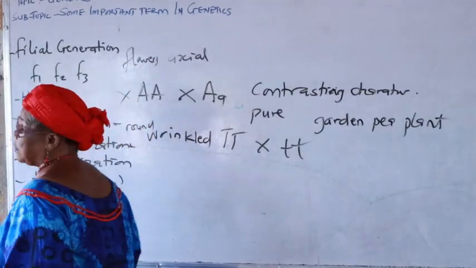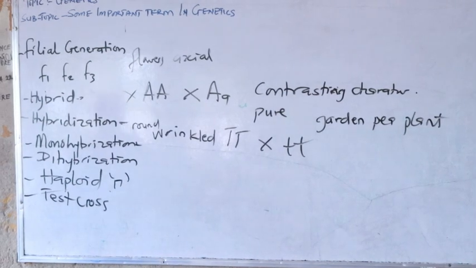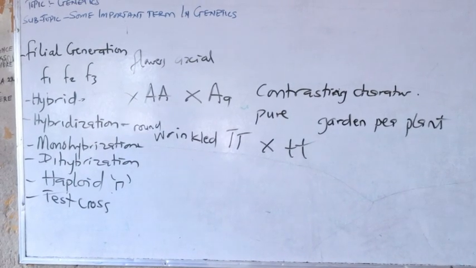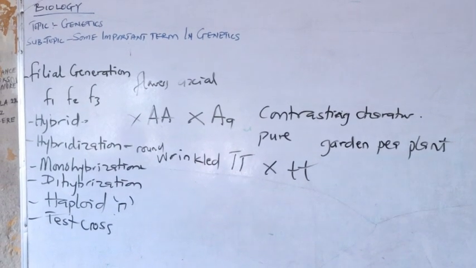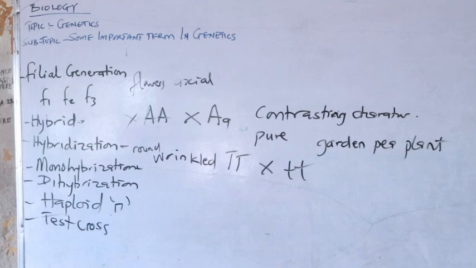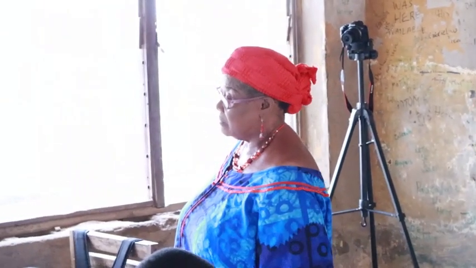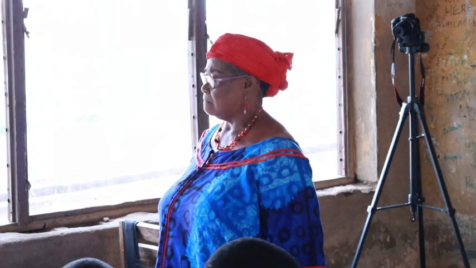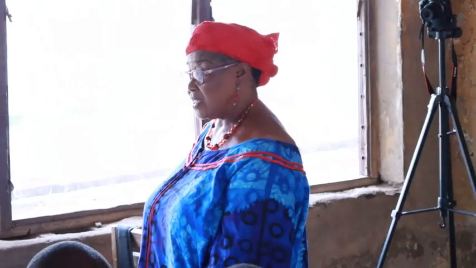That's the flowers of the pea plant. Some are green, some are yellow, and some are red and white. This is why he decided to use it.